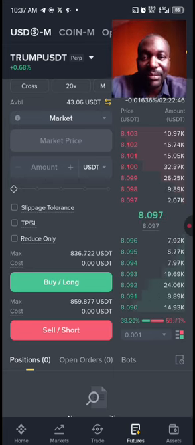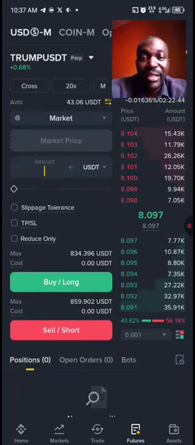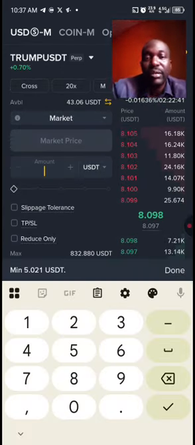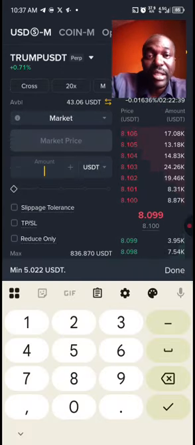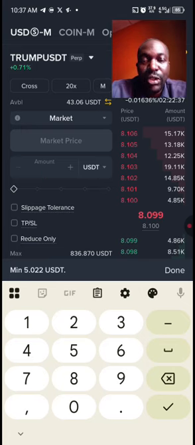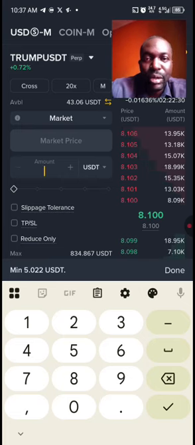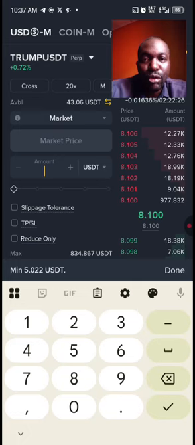So trade size now, when you want to place a trade. It's saying this is the Trump USD coin pair, and it's asking you to enter a trade size. So out of the $43 that is here, I want to use $10 of it.